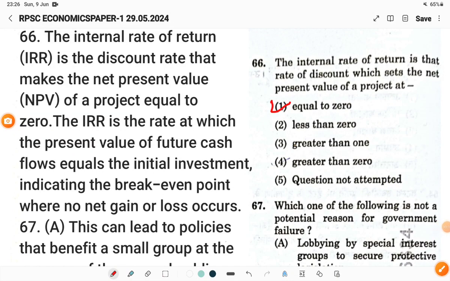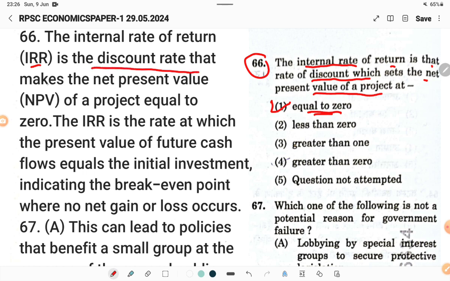So the 66th question: the internal rate of return is that rate of discount which sets the net present value of a project equal to 0. That will be the right answer here. The internal rate of return (IRR) is the discount rate that makes the net present value (NPV) of a project equal to 0.